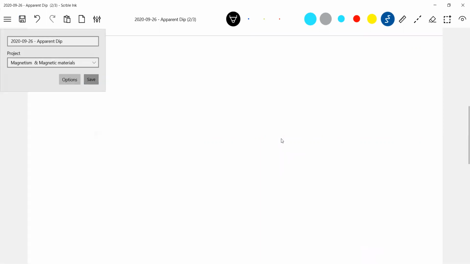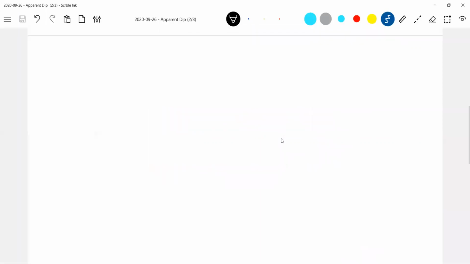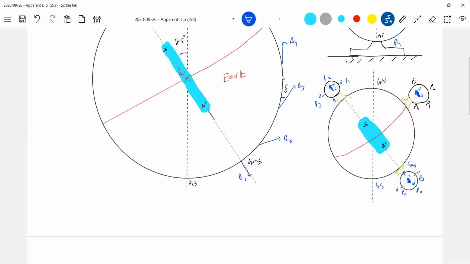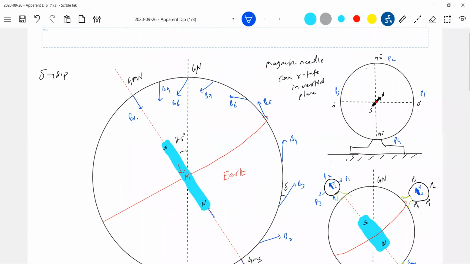First, I should locate the magnetic meridian. So then the magnetic meridian, first the geographic, this is a magnetic meridian. Then here, this one.